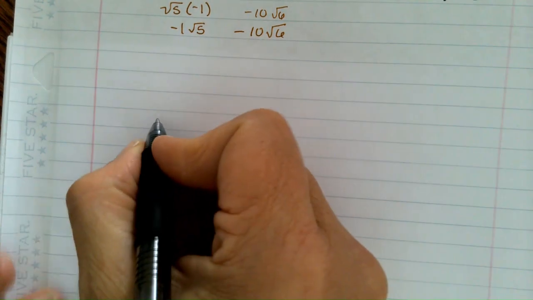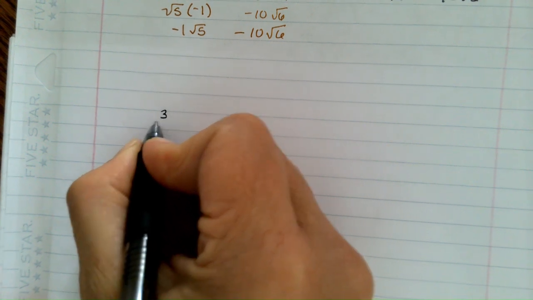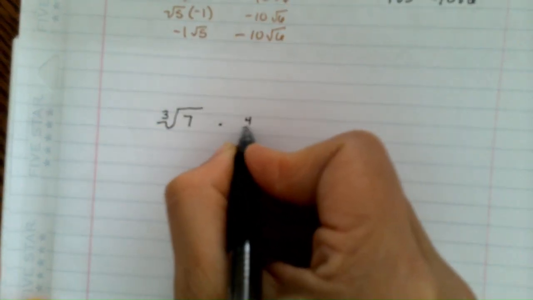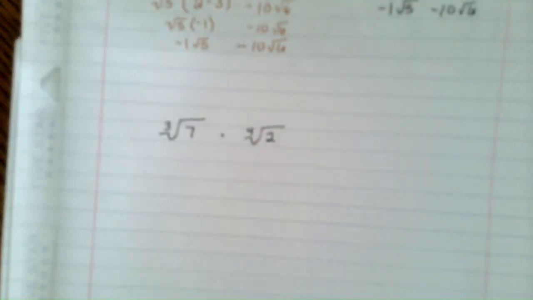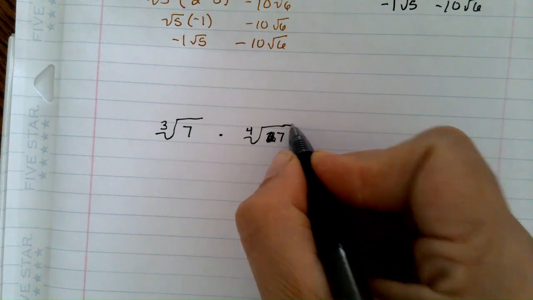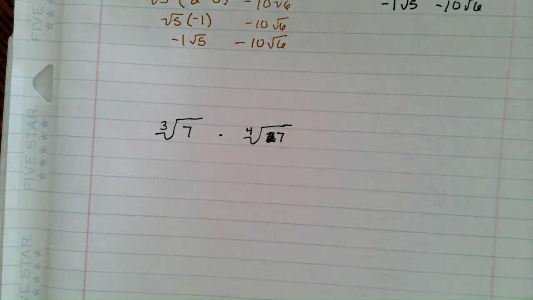Okay. I know this is a commonly asked question, so I do want to go ahead and state something really quickly. I've had students ask, What if I had the third root of 7 times the fourth root of 7? Can I do them?